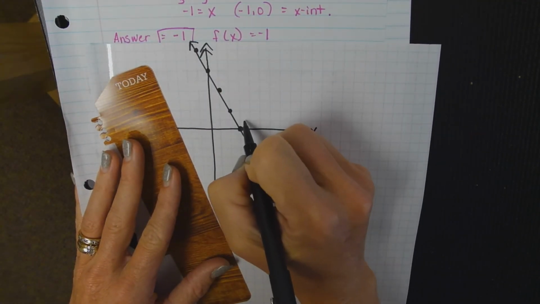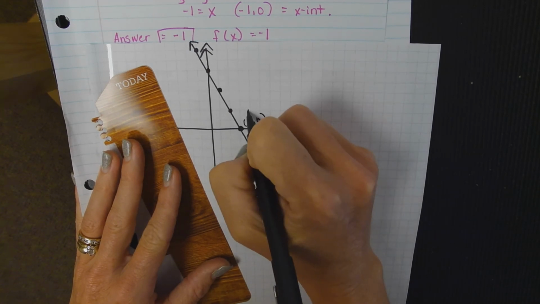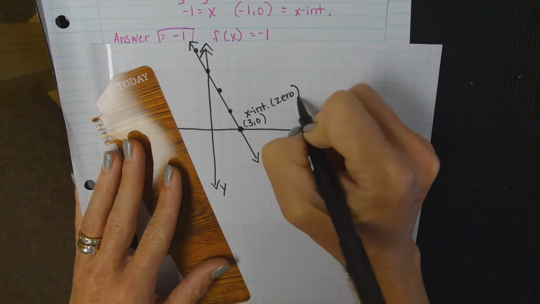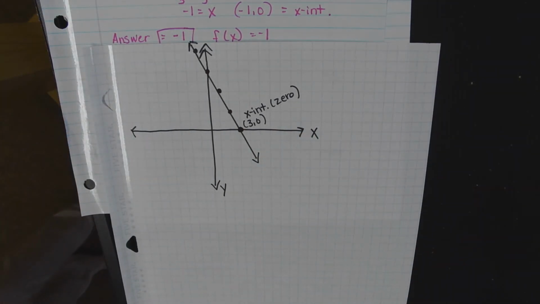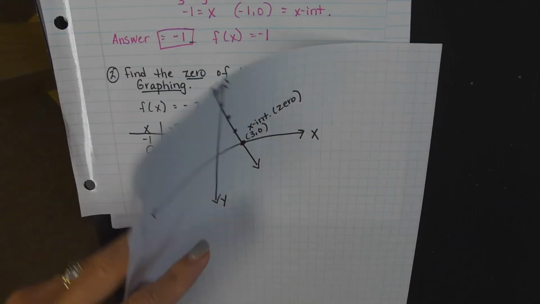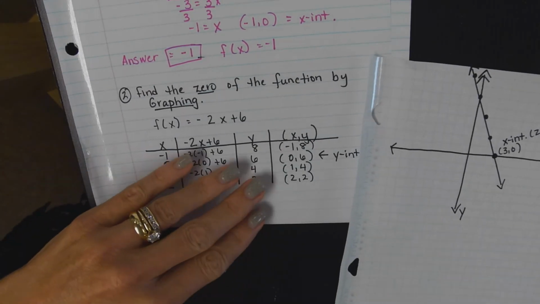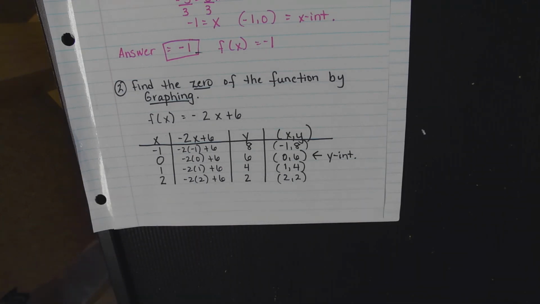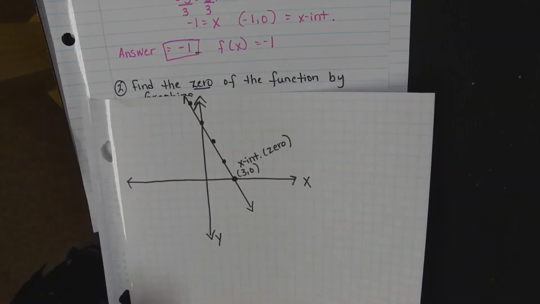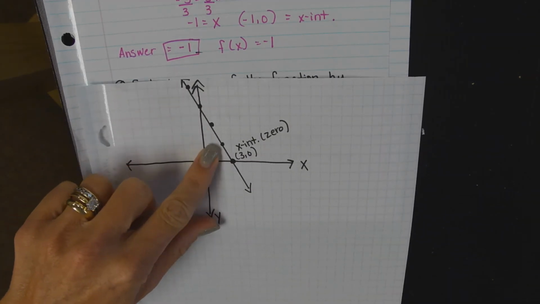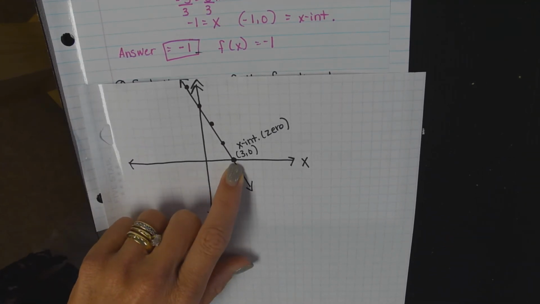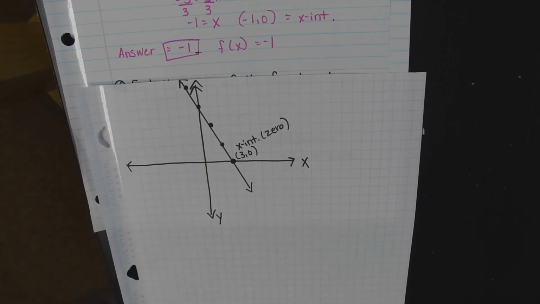And there it is right there. There is your x-intercept, which is also your 0, and that's your answer. Going back to the problem, number 2, find the 0 of the function by graphing. We did a table, we picked our x's, and now we graphed. We had our points. By looking at the graph, we can find the x-intercept.